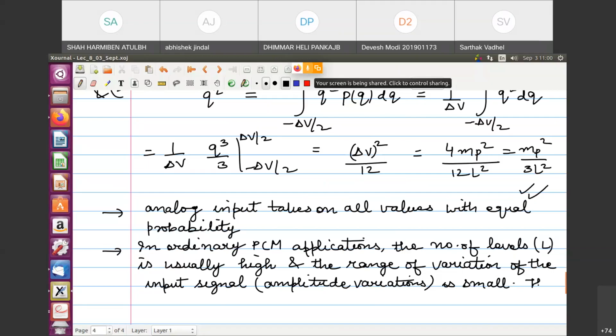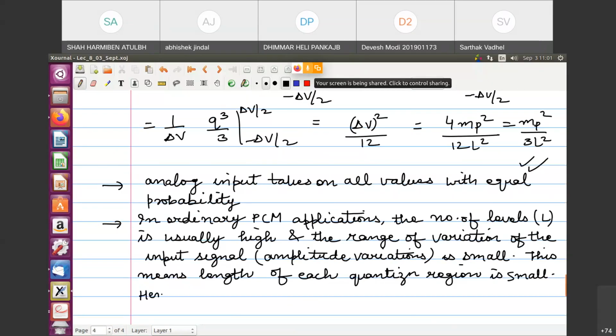This means the length of each quantization region, this is important to write, that's why I am writing it, is small because of a very high L. Hence our uniform error assumption may hold.